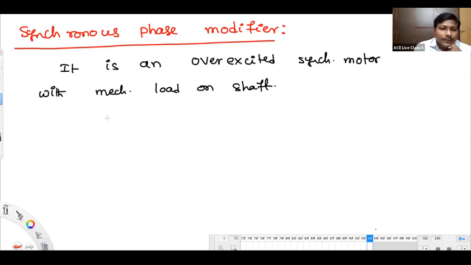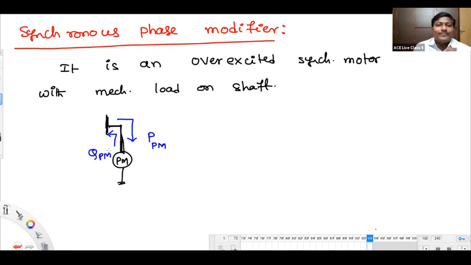So for example, if this is a phase modifier, if I show PM, phase modifier connected to some bus bar, it will be taking some real power to meet the mechanical power demand. But it is injecting some reactive power because of its overexcitation.